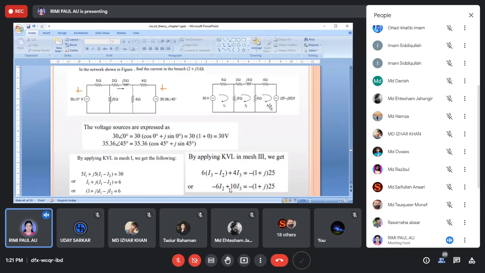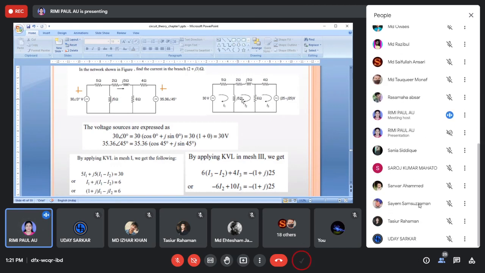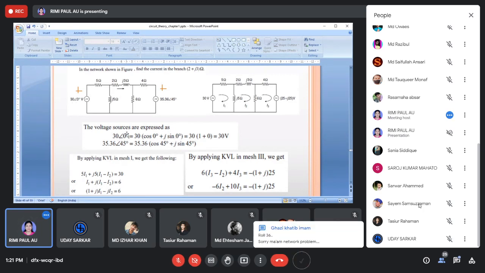Okay, then next week we will solve the problem if you can. I already told you, suppose this is 30 angle 0. If it is in polar form, to convert from polar form to rectangular form, you take magnitude times cos θ plus j sin θ.